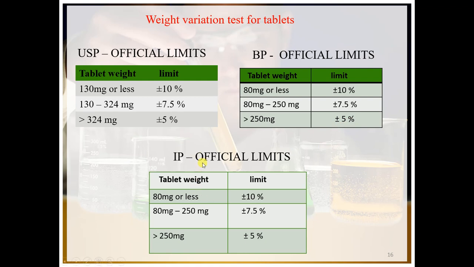And the third case, according to the International Pharmacopoeia, these are the official limits. If the tablet weight is 80 milligram or less than 80 milligram, then the limit for those tablets is plus minus 10%, while if the tablet weight is 80 to 250 milligram, then the limit according to the International Pharmacopoeia should be 7.5%, meaning the tablet shouldn't deviate from 7.5%.